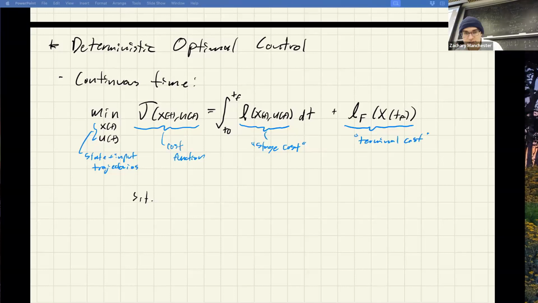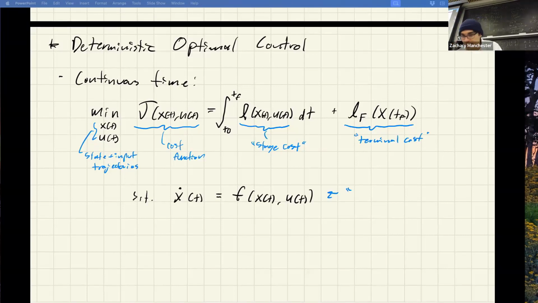Then we've got our dynamics. Those show up in the form of constraints on the trajectory, and in continuous time it's an ODE. We talked about this stuff a whole bunch. We call these the dynamics constraints. They're equality constraints, so it's equality constrained optimization. Literally the last 3 weeks were just so that I could write this problem down and it would make some sense to you.